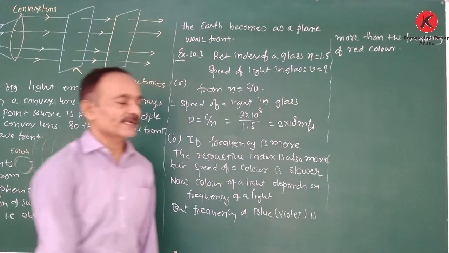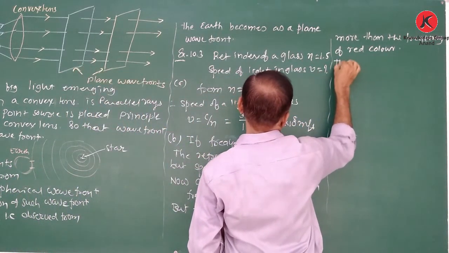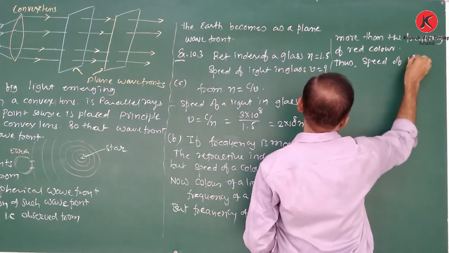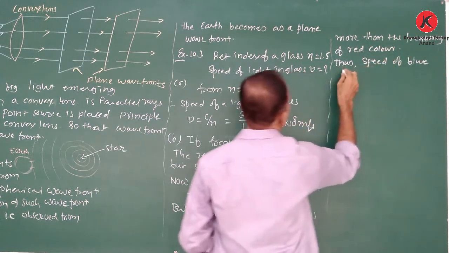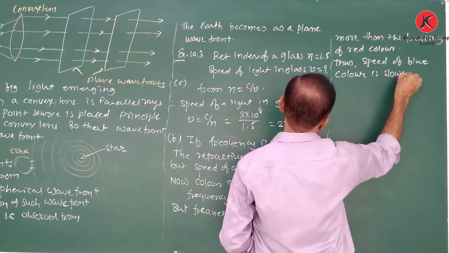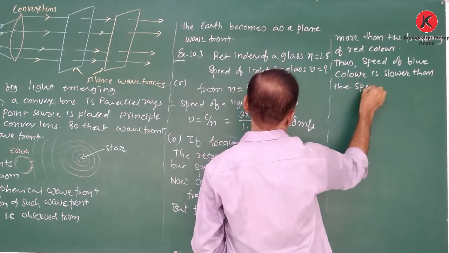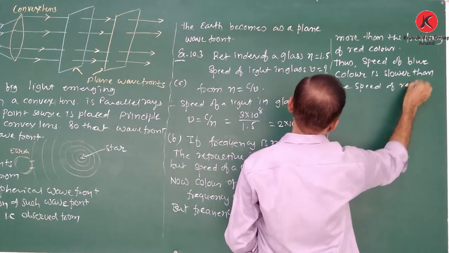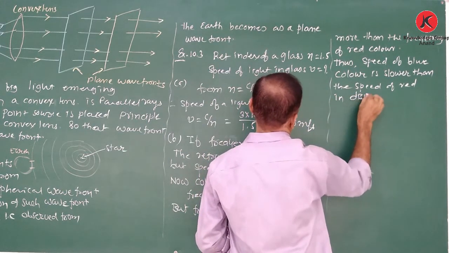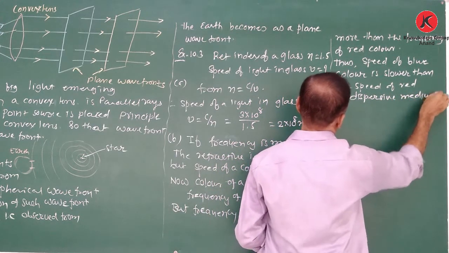Therefore, the speed of red color is more. Therefore, the speed of blue color is slower than the speed of red in a dispersive medium, or the glass medium.